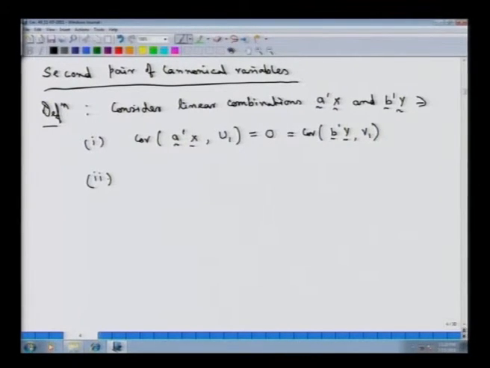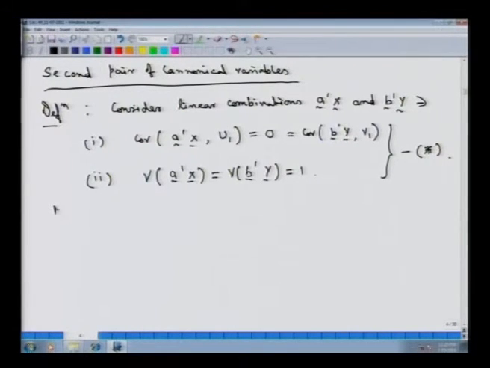Then under this condition, additionally we will have variance of A' x equal to variance of B' y equal to 1. So, we are considering all such linear combinations such that these two conditions are satisfied, and under such conditions, let me put a star here.